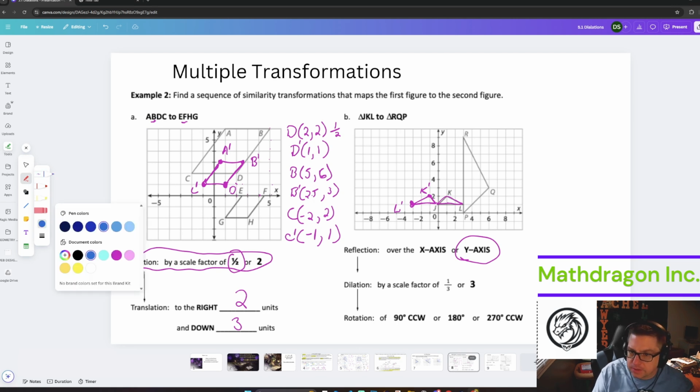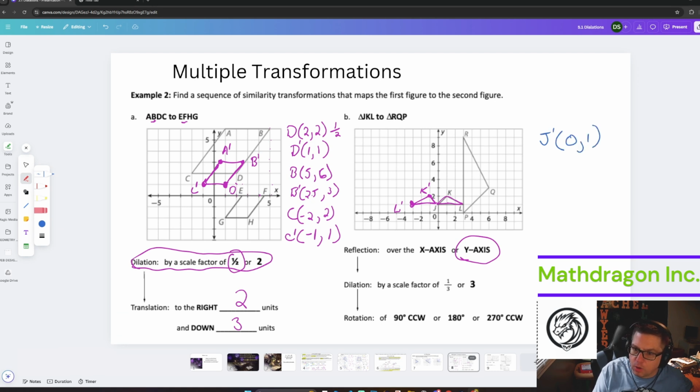So now I'm going to take J prime, which is 0, 1, and I'm going to increase it by 3 because you can see this figure is huge. So I don't want to reduce my pink triangle to get it even smaller. I want to make this bigger. So I'm going to multiply by 3 and get J double prime to be 0, 3.